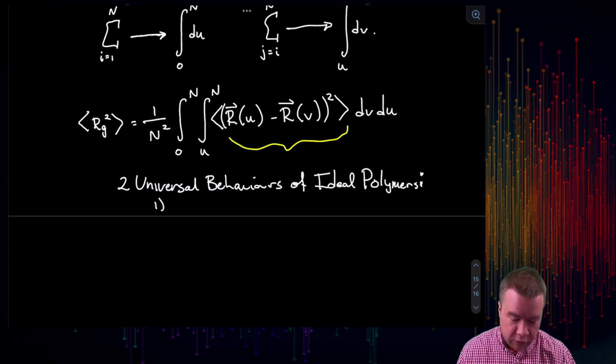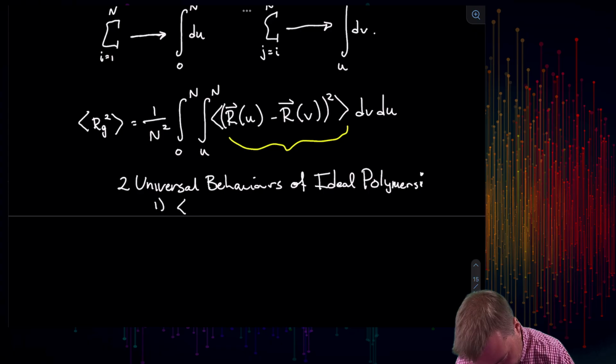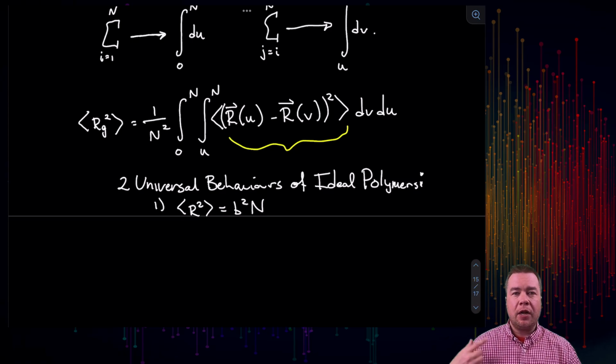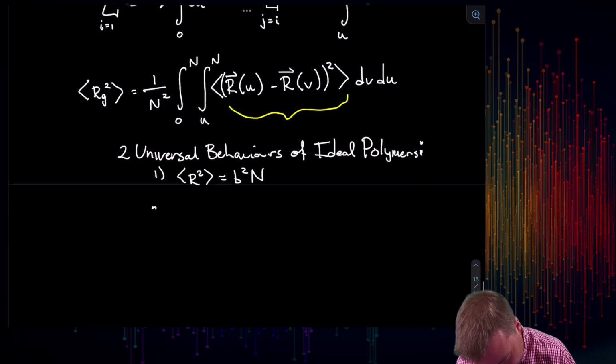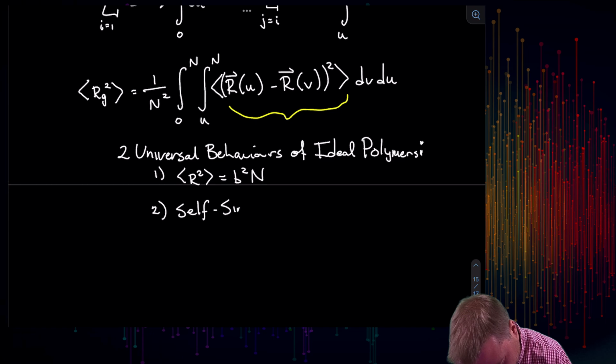The first one has to do with their conformation. We saw that the mean squared end-to-end distance can always be cast in this form: you get a bond length squared multiplied by the number of monomers in the chain. So this is universal. The other universal behavior is that polymers are what we call self-similar.